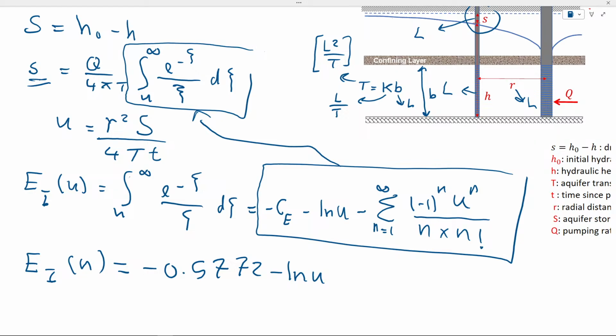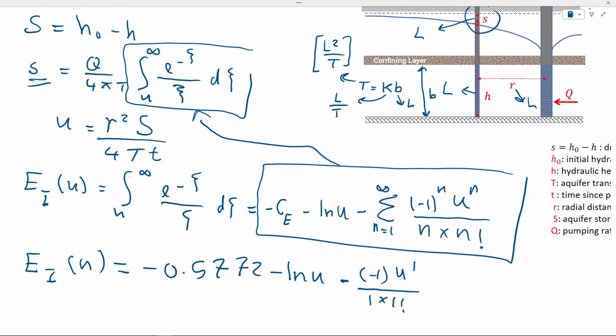Plus, now I can expand this, so let me just expand it. That is negative here, and I have negative 1 to the power 1, so that's negative 1, and then I have u to the power 1 divided by n, which is 1 times 1 factorial.